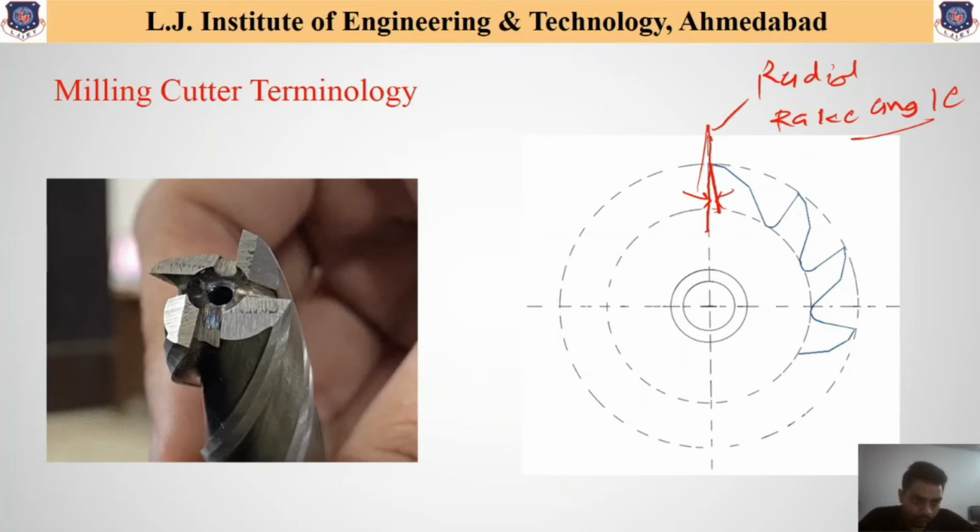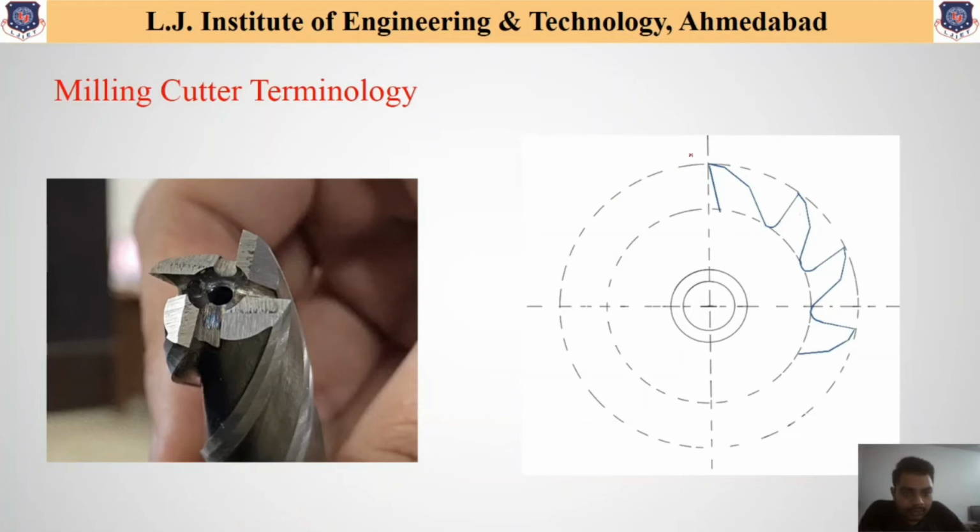Now let us have a look at another angle. If we draw a horizontal line at this point, the first area that we named as the land makes a certain angle with this horizontal line, and this angle is called the relief angle.